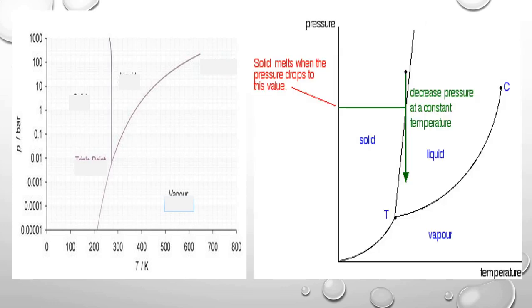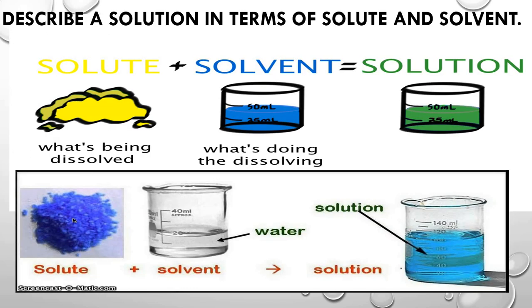This is just an older chart. I just wanted to show you that you should be able to really quickly and easily label what they are, solid, liquid, and gas areas. That's about it that I wanted to make sure you knew, and coming across that this would be the melting point and freezing point, and this would be the boiling point. But you should be able to label the areas.